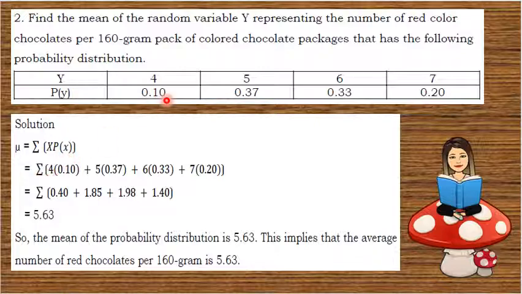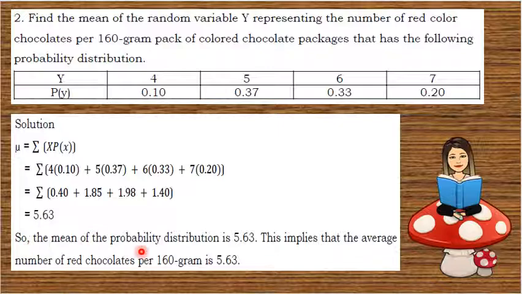Okay? So, we have the sum of 4 times 0.10 plus 5 times 0.37 plus 6 times 0.33 plus 7 times 0.20 equals the sum of 4 times 0.10 is 0.40 plus 5 times 0.37 is 1.85 plus 6 times 0.33 is 1.98 plus 7 times 0.20 is 1.40 for a total of 5.63.